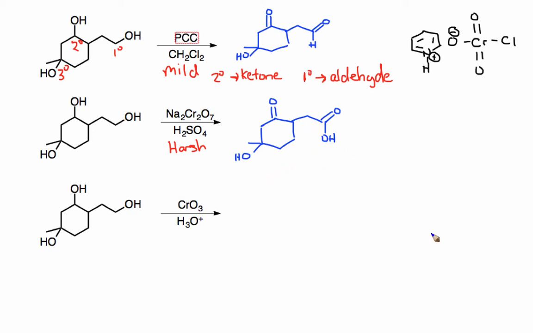Our last oxidation is chromium trioxide in aqueous acid. This is known as a Jones oxidation. And just like the sodium dichromate oxidation, it's a harsh oxidizing reaction.